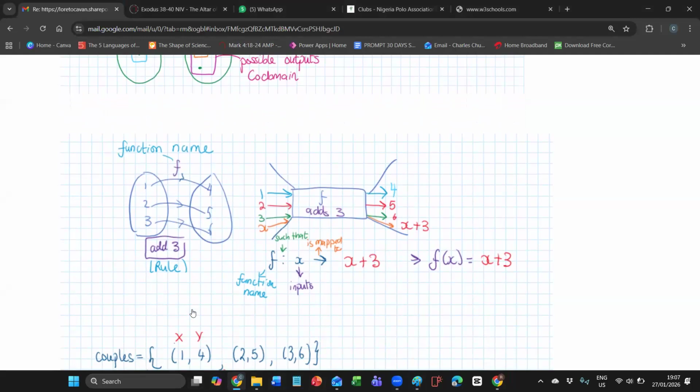What do you think about this? If you were asked what is the set for the input, what would you say is the domain for the input? One, two, and three. Yes. Okay, that's the domain, right? Yes, sir.